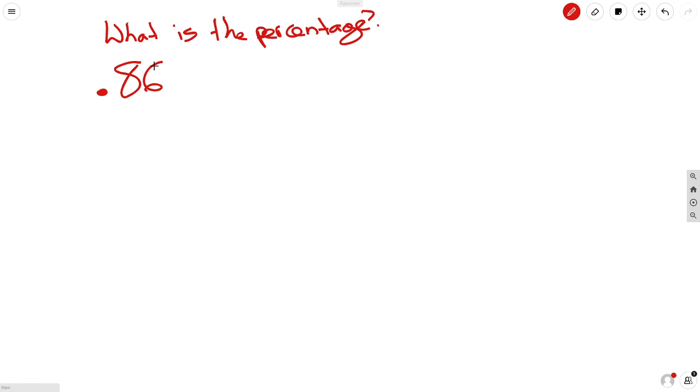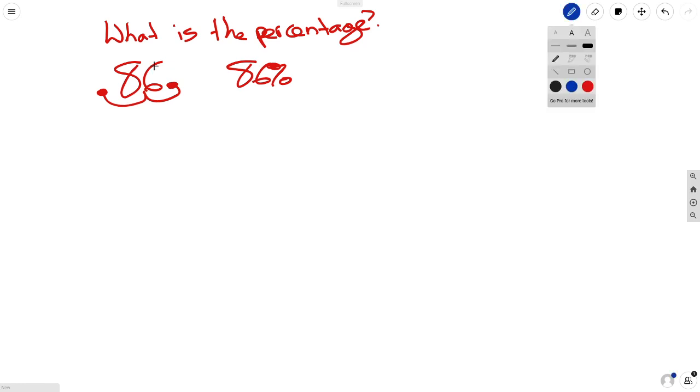In order to change a decimal to a percentage, you're just going to take that decimal and move it to the right 2 times: 1, 2. So 0.86 actually becomes 86%.